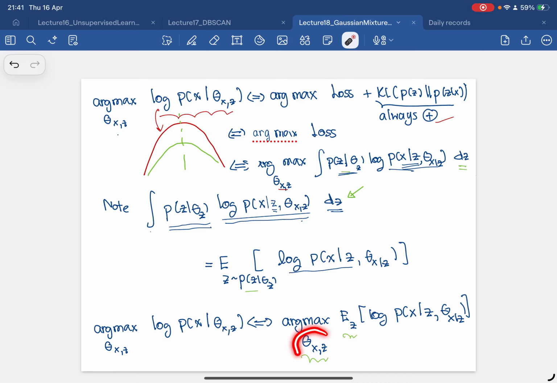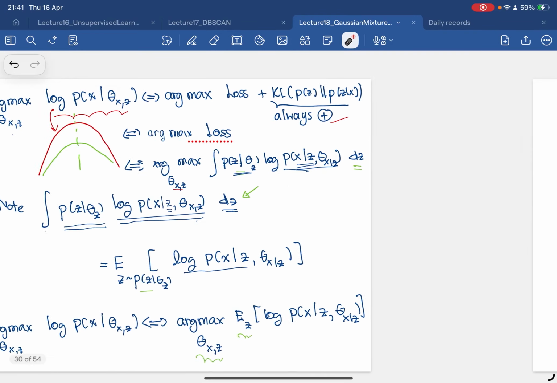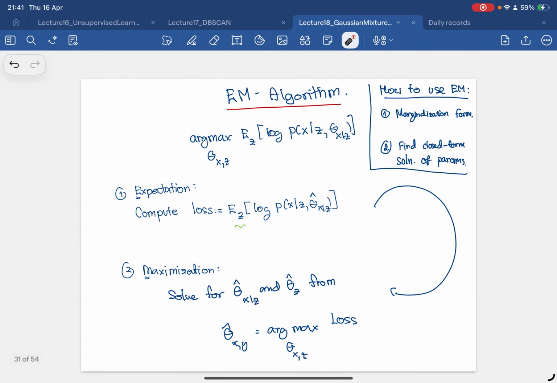Once you get these model parameters, you can plug them into this probability, and you can try to find which cluster is going to give you the highest probability of z given x, right? Yeah, you can turn this around to probability of z given x as well, right? Okay. So that is what's meant by expectation maximization.